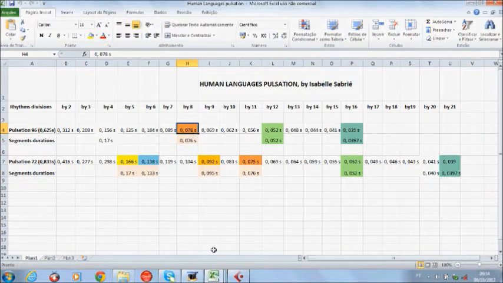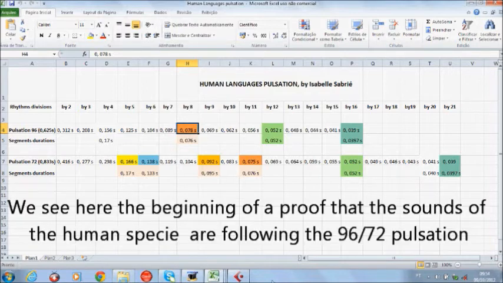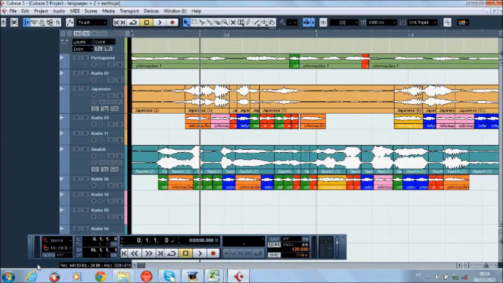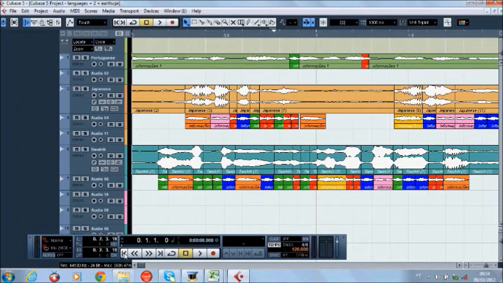We really have some beginning of proof that the human languages are following the pulsation 96, which is a relative of the pulsation 72. Isn't that amazing? So now that I found this, I made some almost perfect segments with the right durations of the pulsation, and we're going to hear some more languages to see if it's combining.